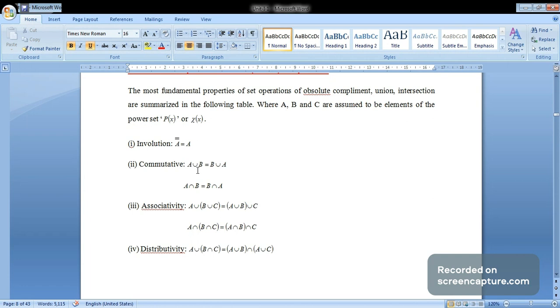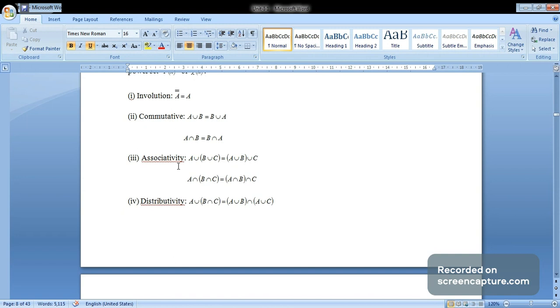Commutative, that is A union B equals B union A, and A intersection B equals B intersection A. Then another one is associative, that is A union (B union C) equals (A union B) union C, and A intersection (B intersection C) equals (A intersection B) intersection C. This is the associative.